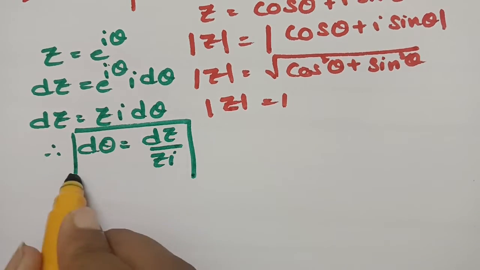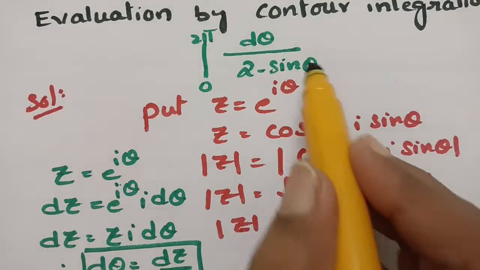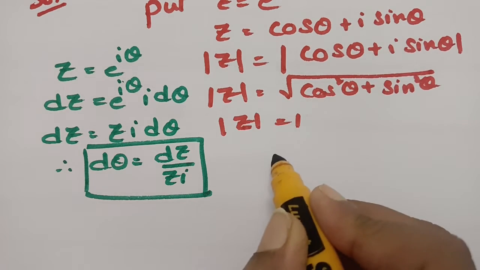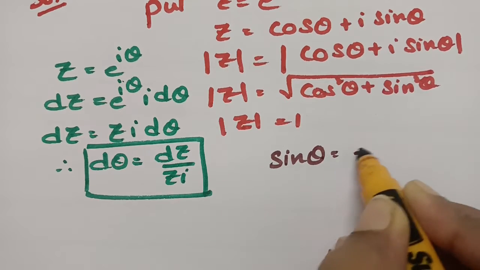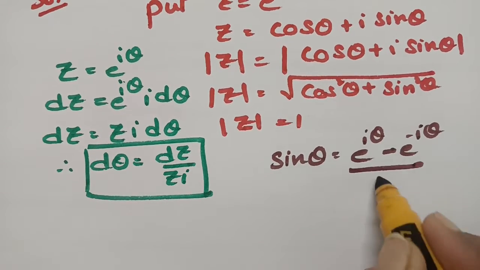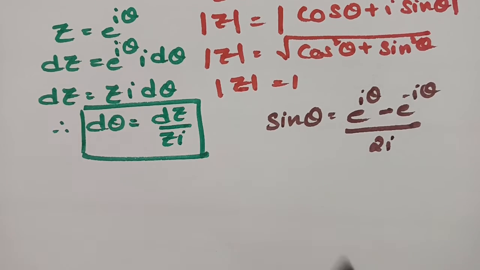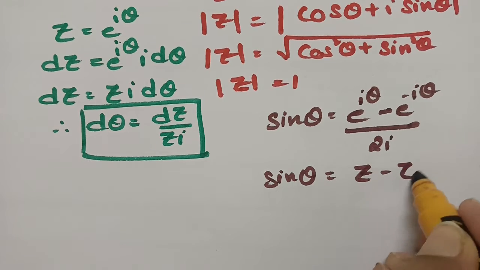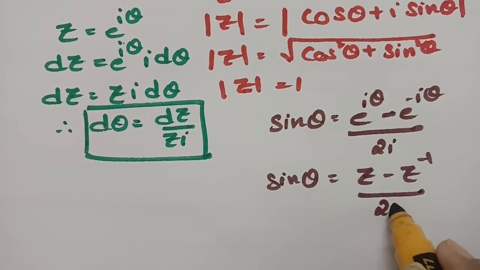And the next thing we need is sine theta. How will we get sine theta? Sine theta can be written as e power i theta minus e power minus i theta by 2i. And this can be written as sine theta equal to z minus z inverse by 2i.